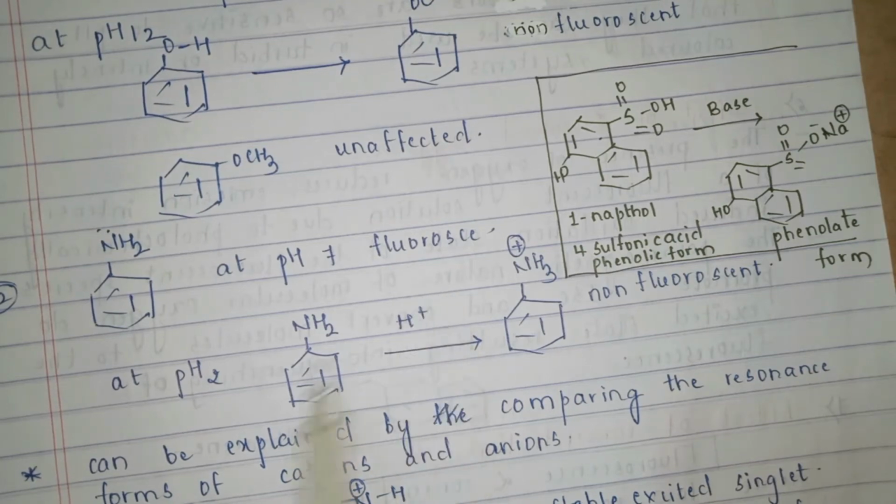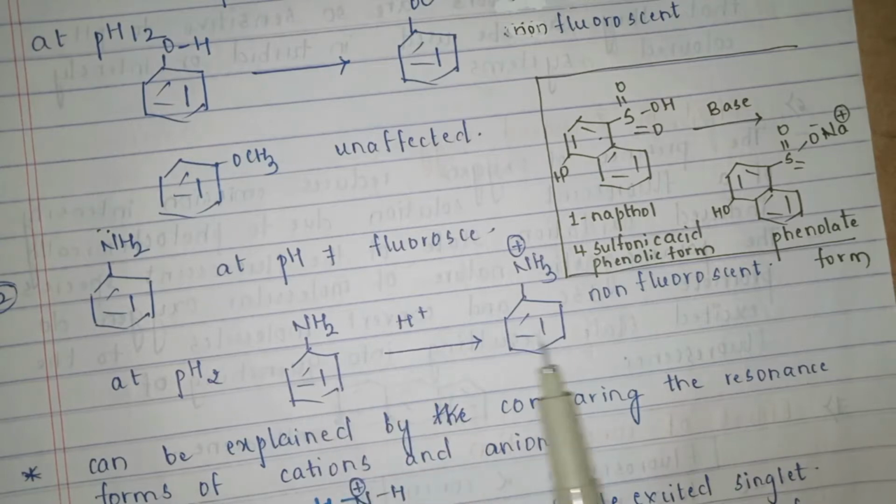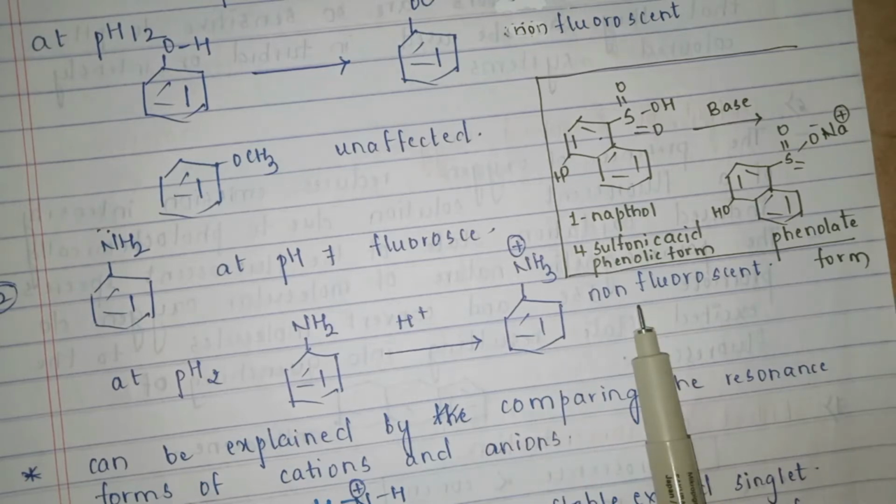But the moment I put this aniline at pH 2, that means I am adding an acidic medium to this system, this aniline gets turned into an anilinium ion. In turn, it loses its lone pair of electrons. Now, if it loses its lone pair of electrons, then it turns itself into a non-fluorescent molecule.